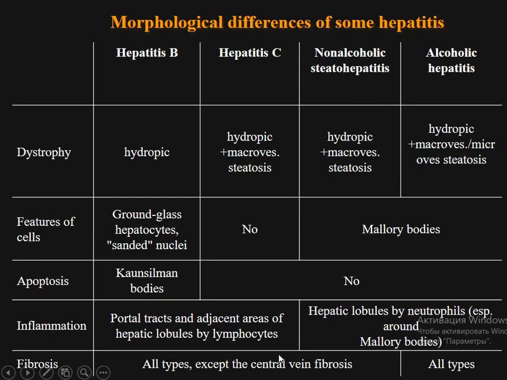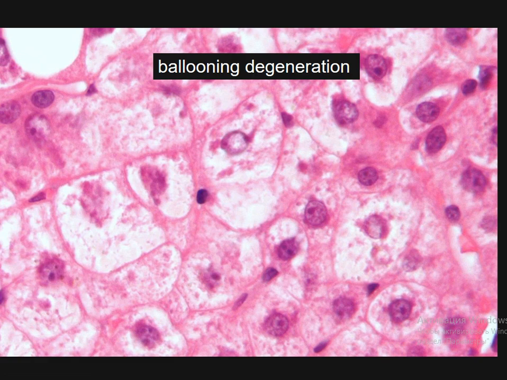And fibrosis for both B and C viral hepatitis and non-alcoholic steatohepatitis: all types of fibrosis are typical except the central vein fibrosis, and for alcoholic hepatitis in general all types of fibrosis are typical.